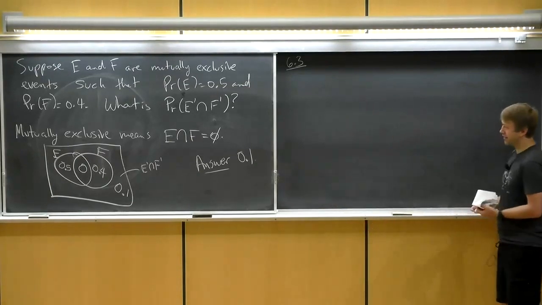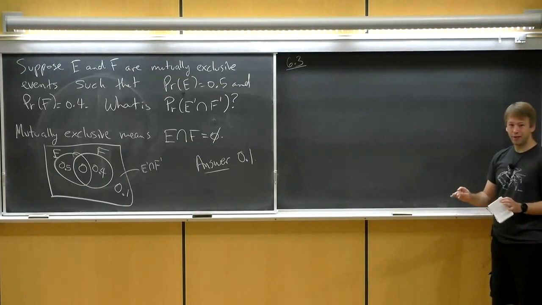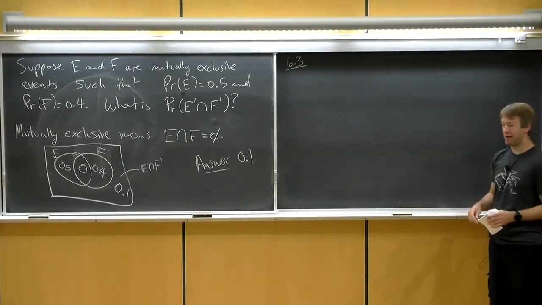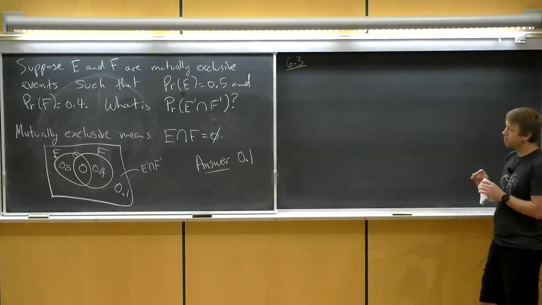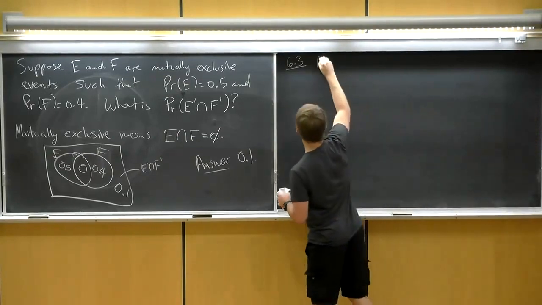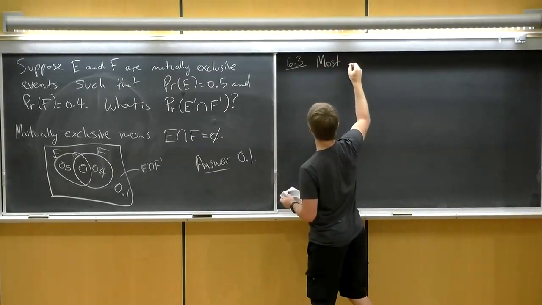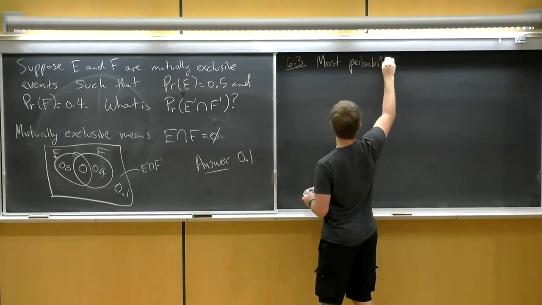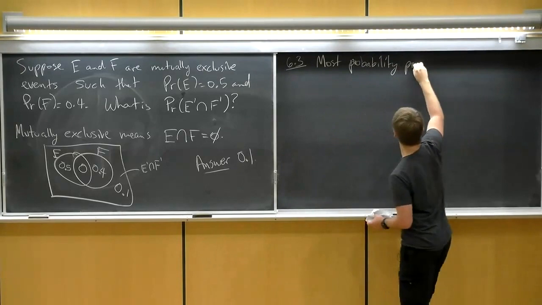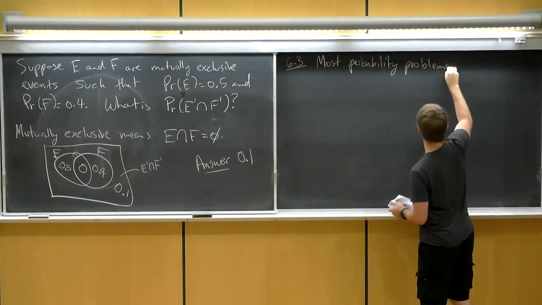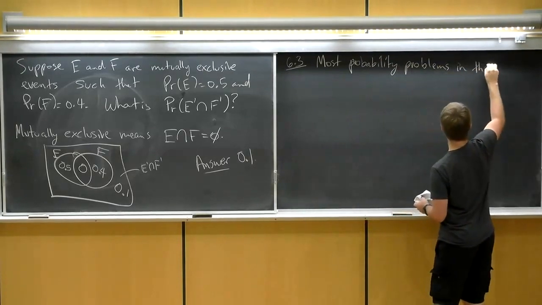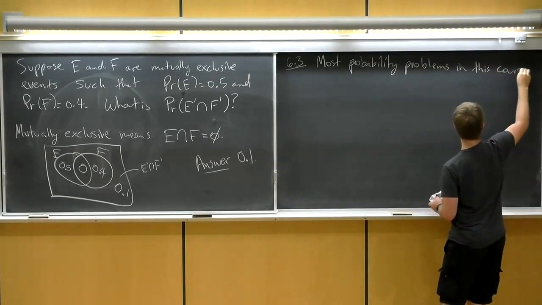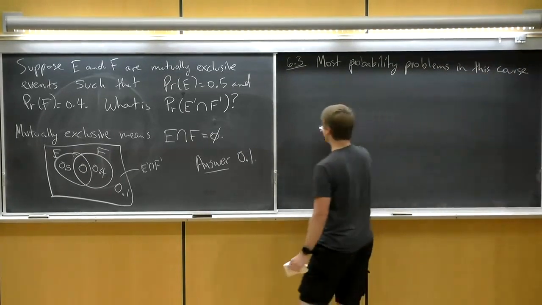I'm not going to say that we always deal with those kinds of problems, because maybe we won't, but most of the problems we deal with in this course for probability deal with equally likely outcomes.